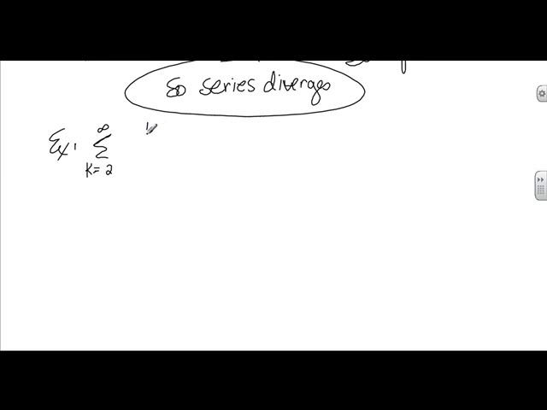So the function we're concerned with is 1 over x times the quantity natural log x, squared, and we're thinking about this on the interval from 2 to infinity. In this case it's important that we're looking at 2 to infinity because this function has a vertical asymptote at x equals 1. So it's good that we're looking at 2 to infinity.